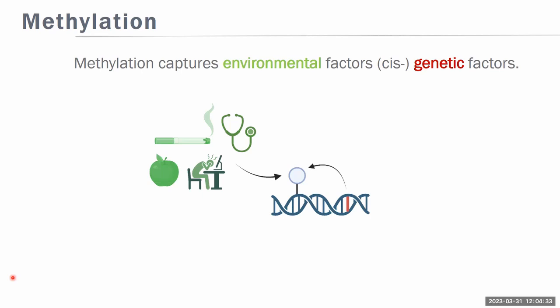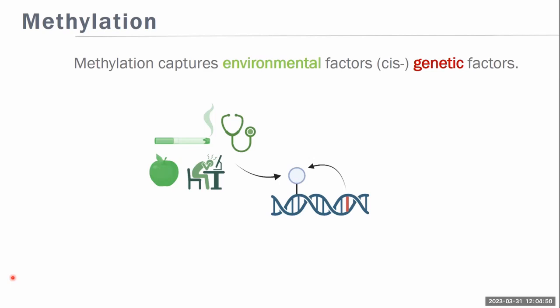And if methylation were causal for diseases, and we know there are many methylation differences associated with diseases, then if it can be affected by environmental factors, that's obviously great, because we have a direct intervention pathway.